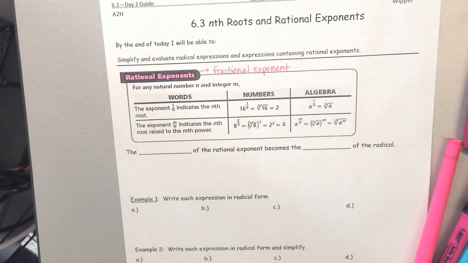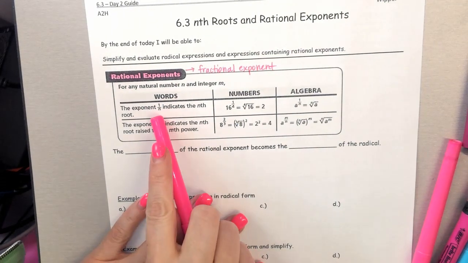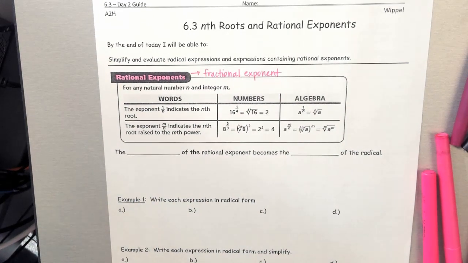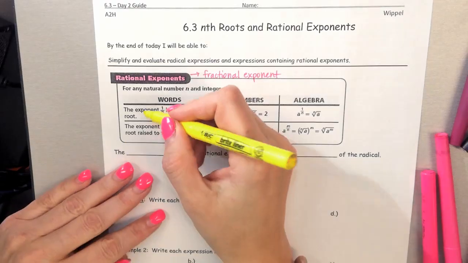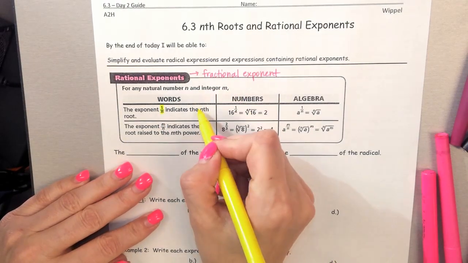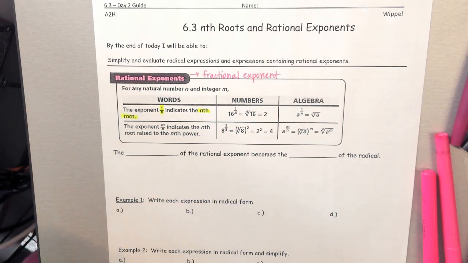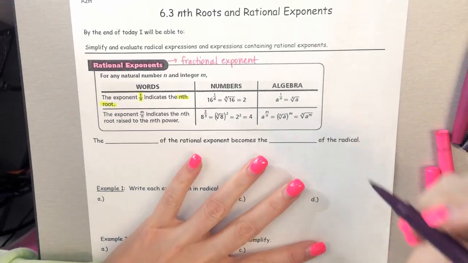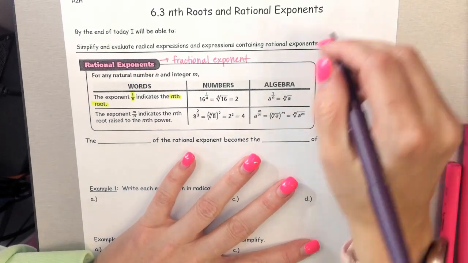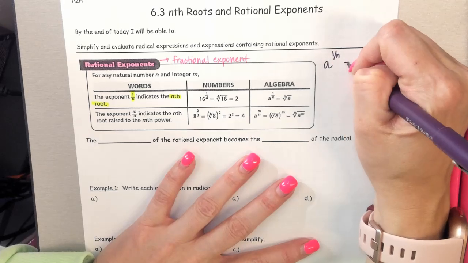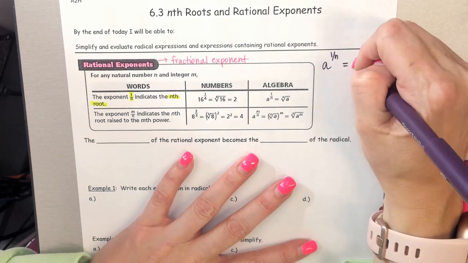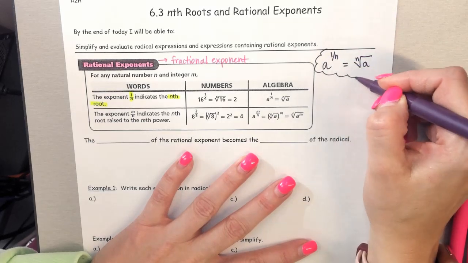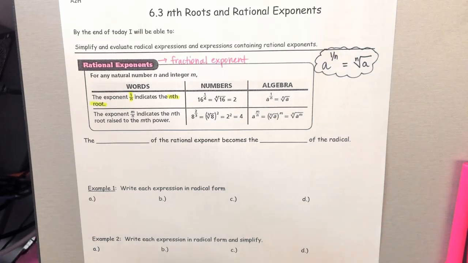All right, so there is an exponent 1 over n, and that indicates the nth root. So whenever we are trying to find our root, if we have a variable a to the power of 1 over n, that is the same thing as taking the nth root of that value.